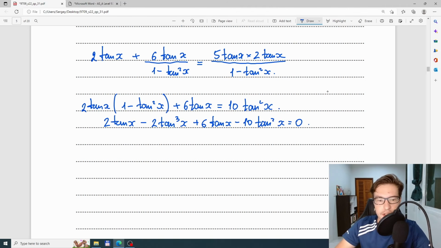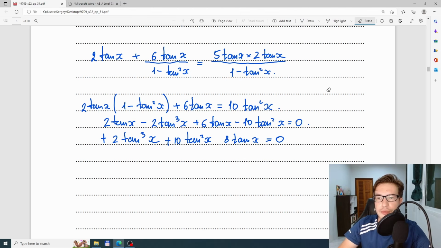Let's simplify this a little bit. Get minus 2 tangent cubed x, then minus 10 tangent squared x plus 8 tan x. Now, I don't really like having minus in front of the leading coefficient, so I'll multiply everything by minus 1, and I will get plus, and instead of plus 8, I will get minus.